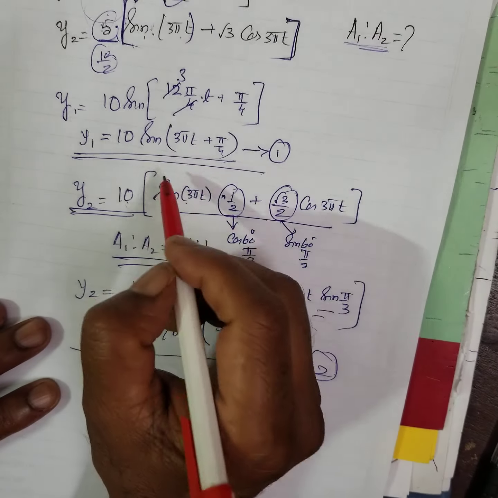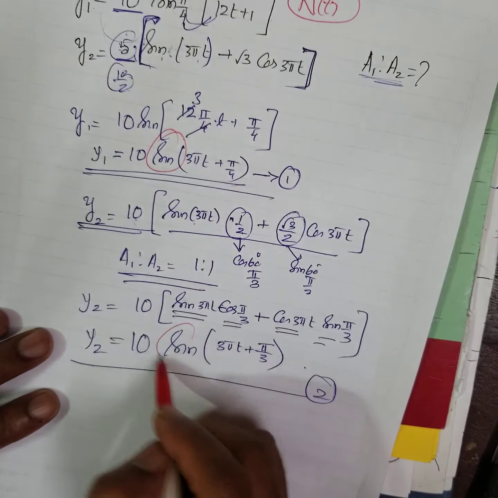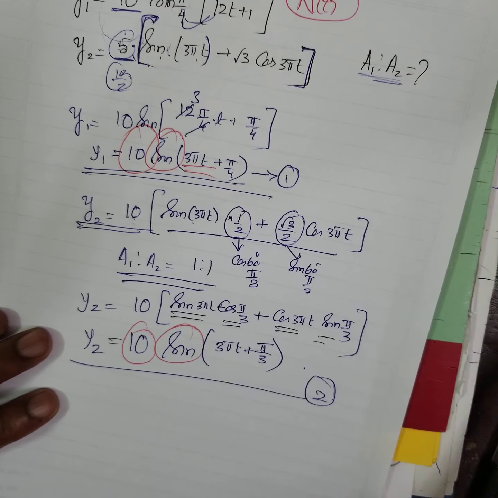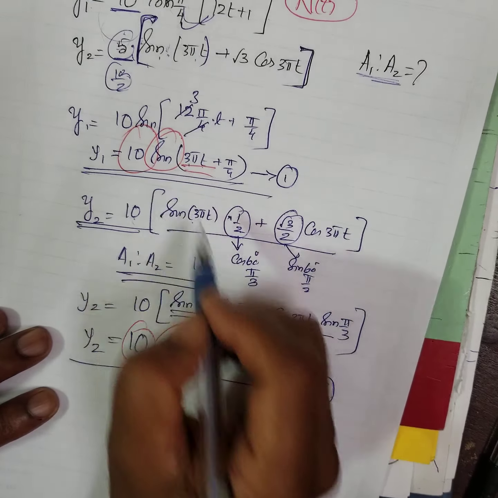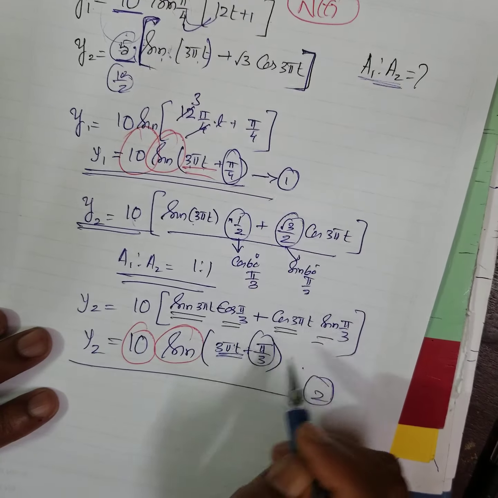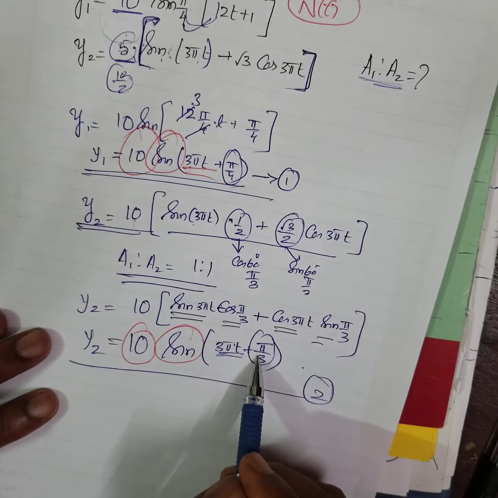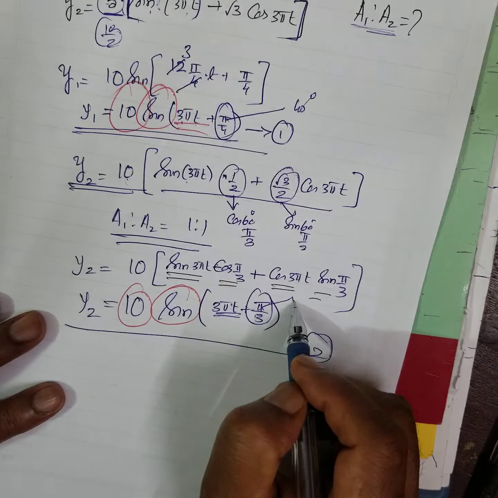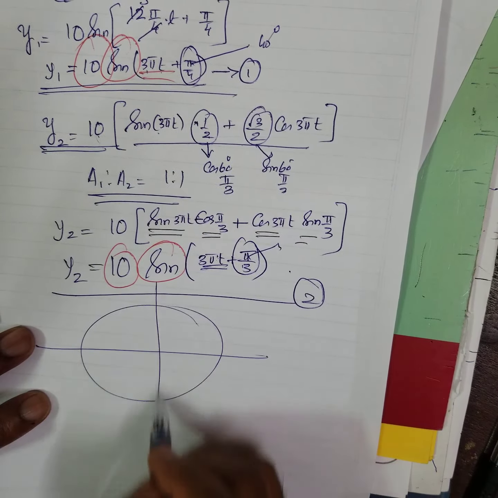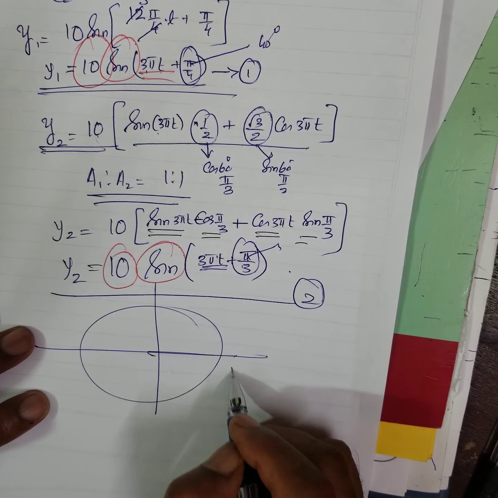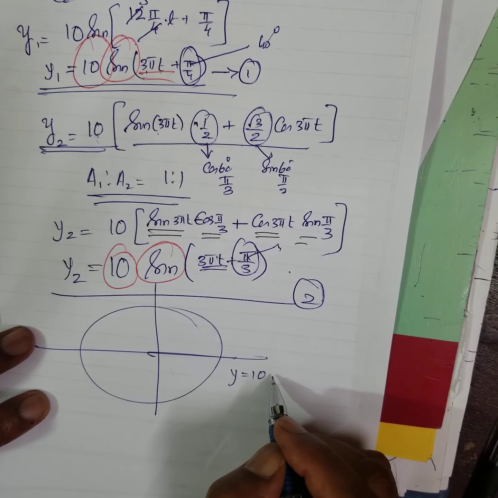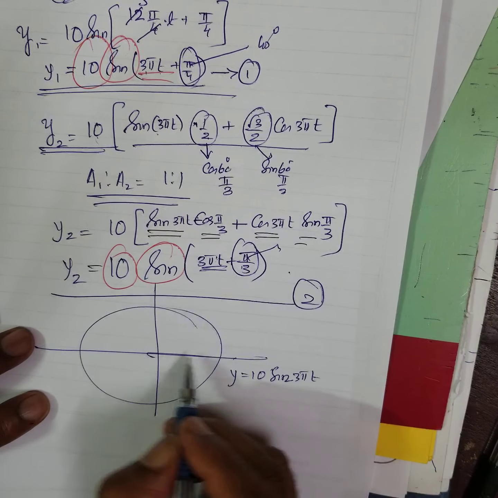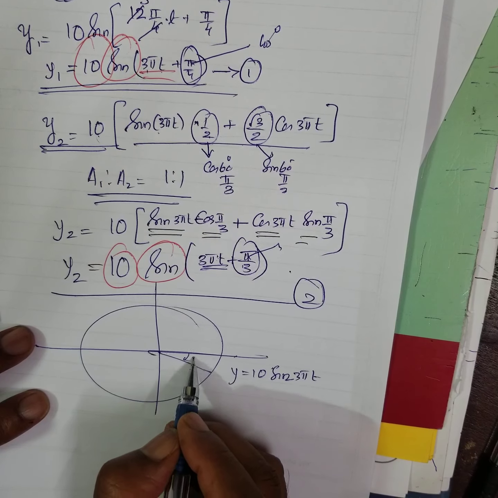What do you observe from this? Here also sine, here also sine. The amplitude is the same, and 3 pi t is the same in both. Here pi by 3, here pi by 4: this is 30 degree and this is 45 degree. Then what is the initial phase? Do you remember? If y is 10 sine 3 pi t, now this is minus 30 degree.